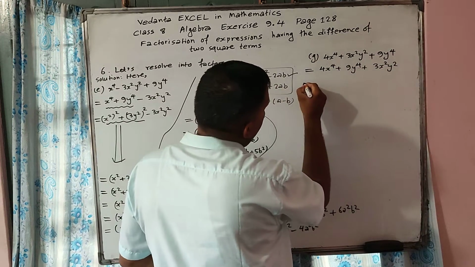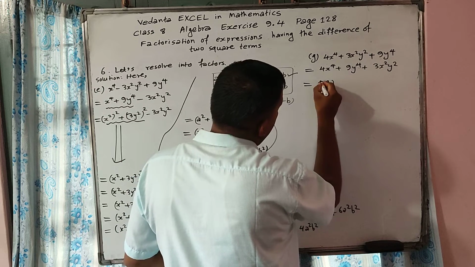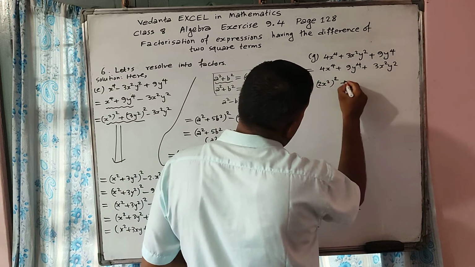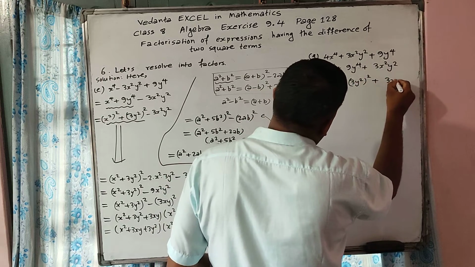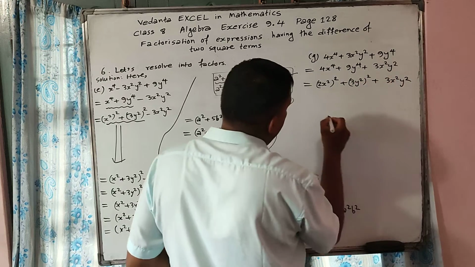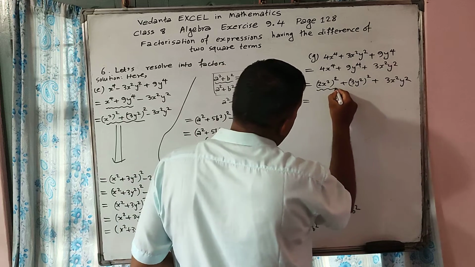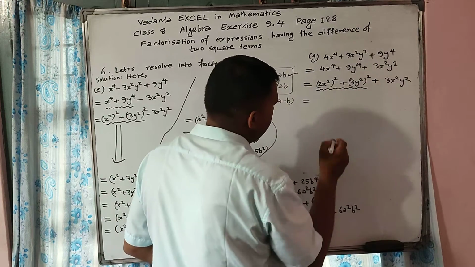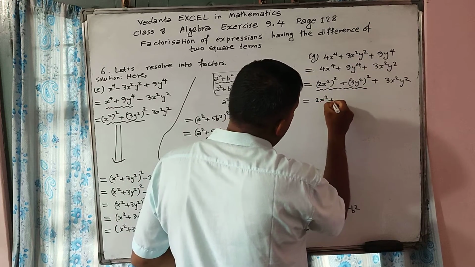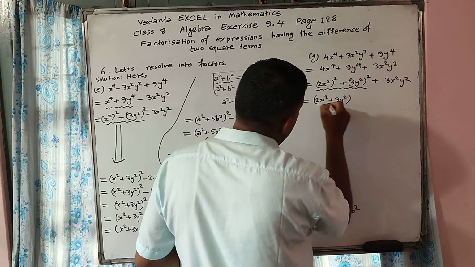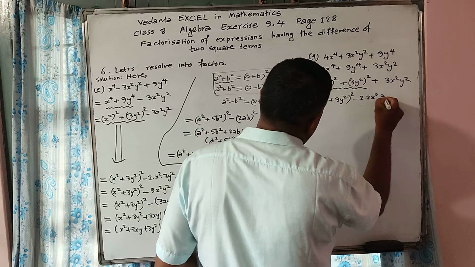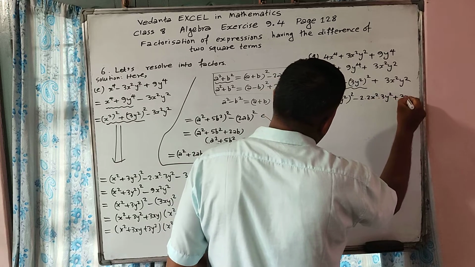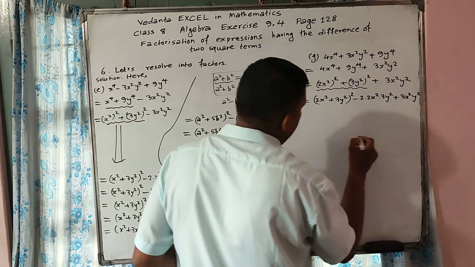Now 4x to the power 4 is (2x square) whole square, and 9y to the power 4 is (3y square) whole square, plus 3x square y square. Now it is in a square plus b square form, so applying the formula: (2x square plus 3y square) whole square minus 2 times 2x square times 3y square plus 3x square y square.